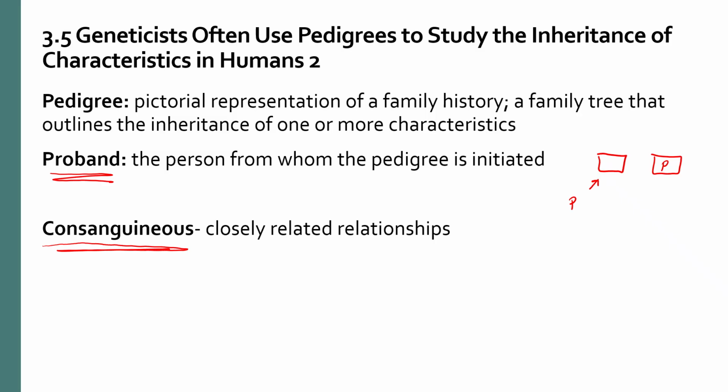And the reason that we do this is because it sort of concentrates a trait within a particular family. When we have consanguineous relationships, they tend to increase the frequency of a recessive trait, and those traits become more common. So this could be in a small family, it could be in a small community, or it could be in an isolated, larger community.